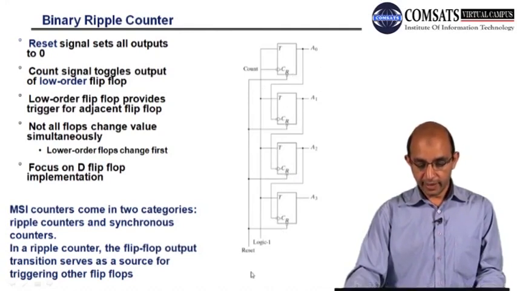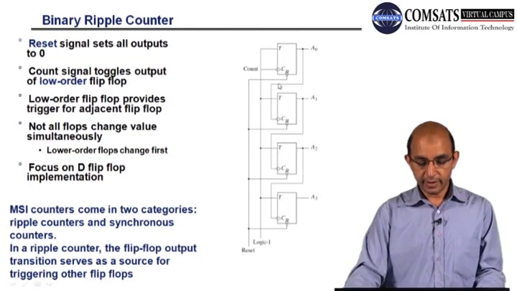Whenever we want to start counting, the count signal toggles the output of the low order flip-flop. If I start from A3, A2, A1, and this is the lowest order A0, this flip-flop has to toggle, because we are using T flip-flops.